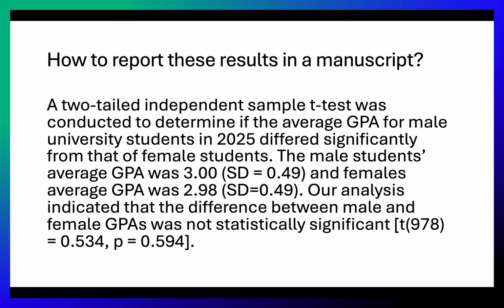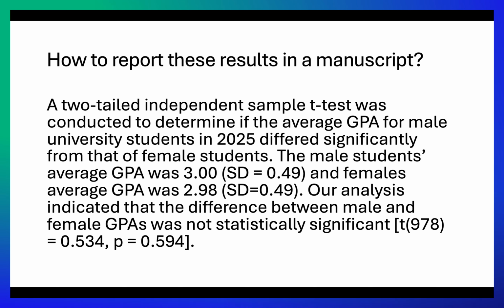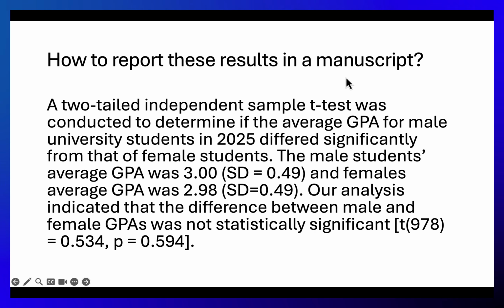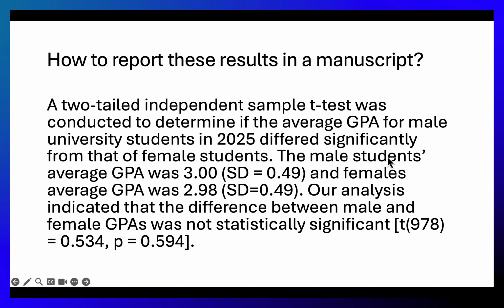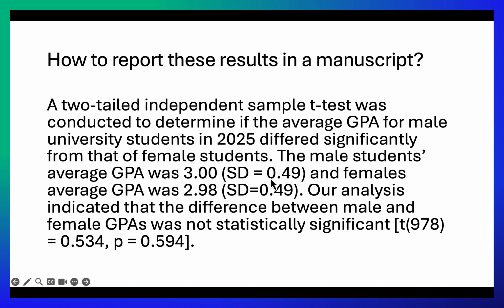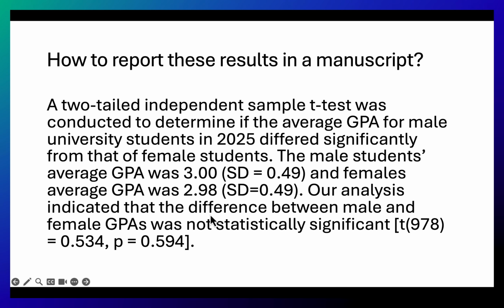And again, when you're writing up the results of your analyses, you would create a table that would include those statistics according to APA formatting, and then you would also write up a narrative in your findings section explaining that the two-tailed test you conducted was to see if male and female university students' GPAs differed significantly. You would report the average for each group as well as their standard deviation, and then the t-test results, which indicated that there was not a statistically significant difference.